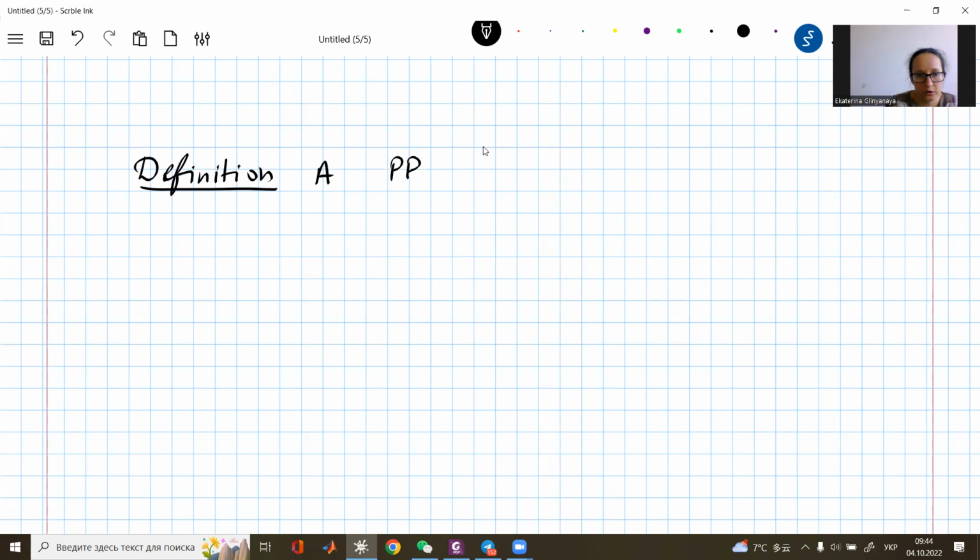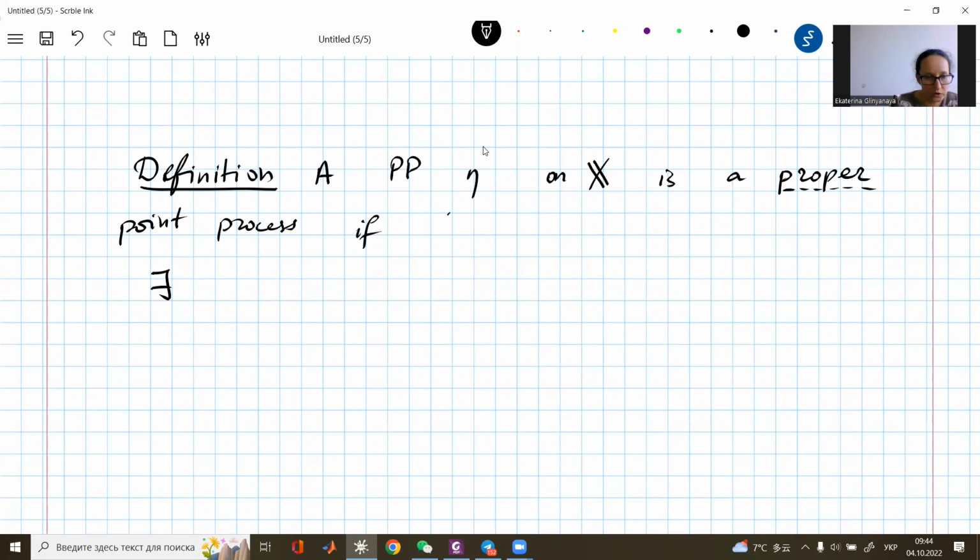A point process eta on space X is called a proper point process if we can find a sequence of random variables x1, x2, random elements in X.